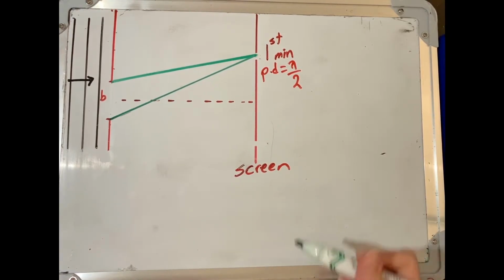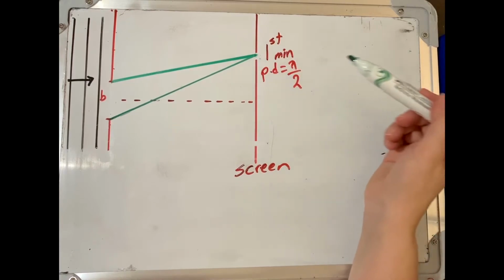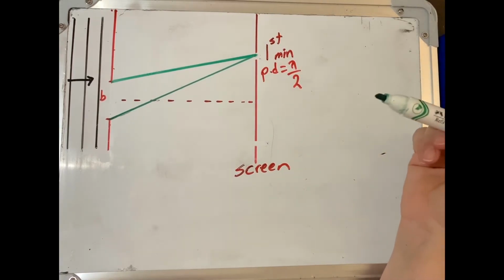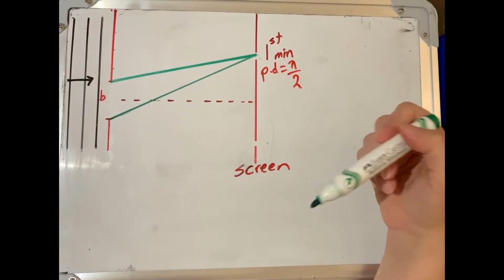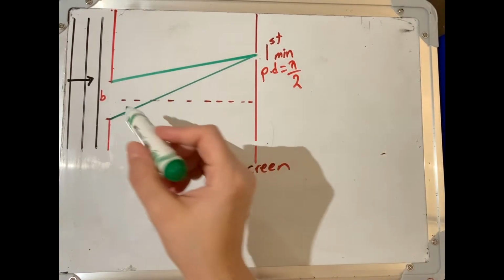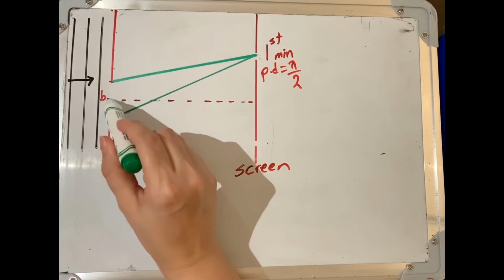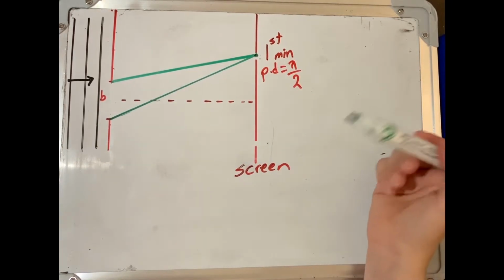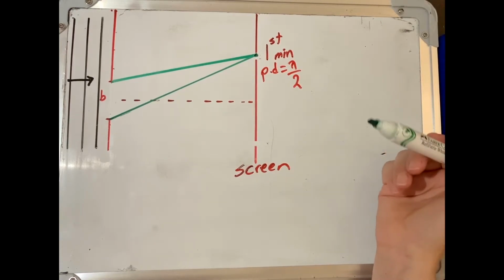Now, since we're looking at the first minimum, which is the first destructive interference, we want to relate the angle that the gap makes with that limit, because we want to make sense of this pattern mathematically.